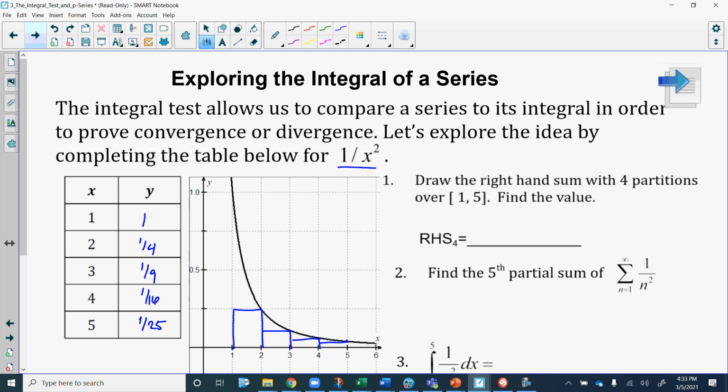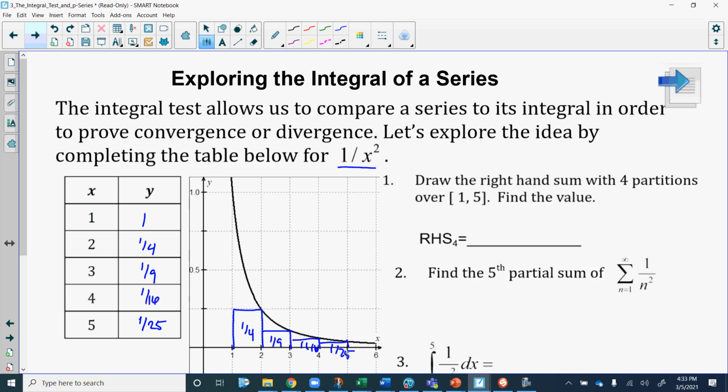And you just get as close as you can and see what you end up with. Well, the Riemann sum is asking us to find the area, and essentially this first rectangle would have an area of 1/4. This would have an area of 1/9, 1/16, and 1/25, respectively. So that's essentially what we're finding the sum of.